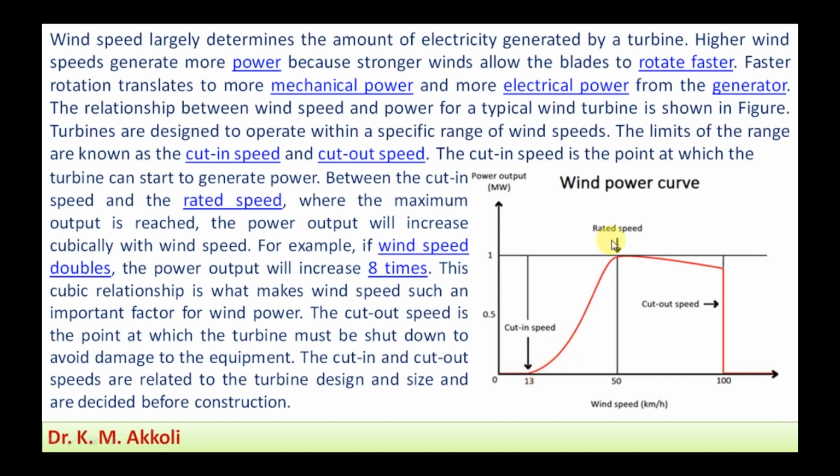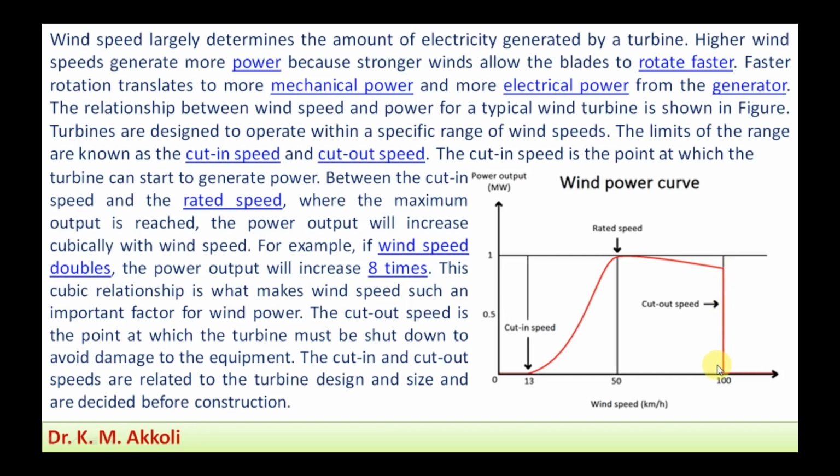Up to the rated power, where the maximum power production is reached, there is a gradual increase in power production with the increase of wind speed. Up to about 54 km per hour the curve is flat and the power generation remains constant. Beyond that it gradually starts decreasing.